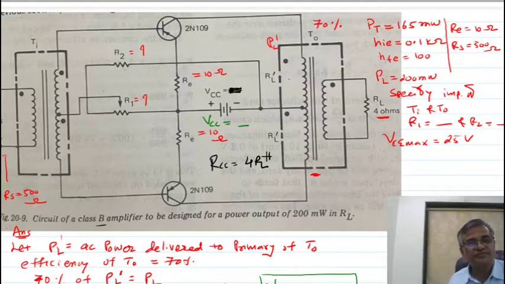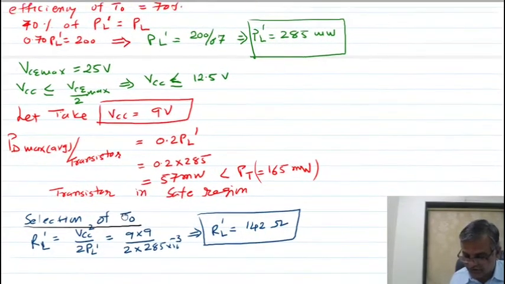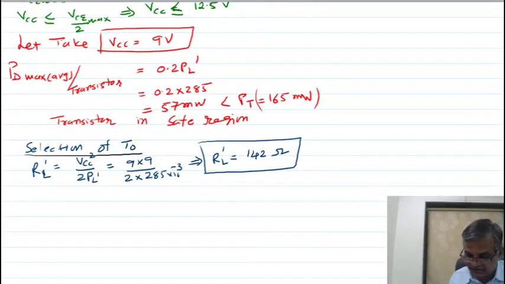So the primary impedance is determined on the basis of the resistance between the collectors of both the transistors, and the relation between RCC and RL dash is given by 4RL dash.